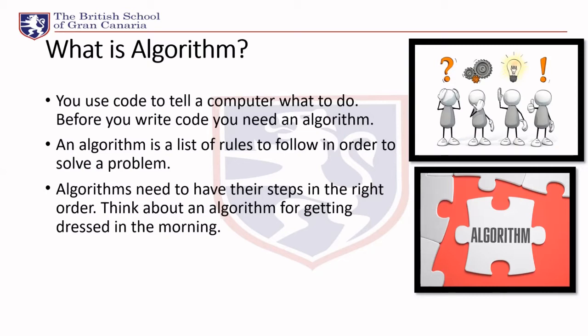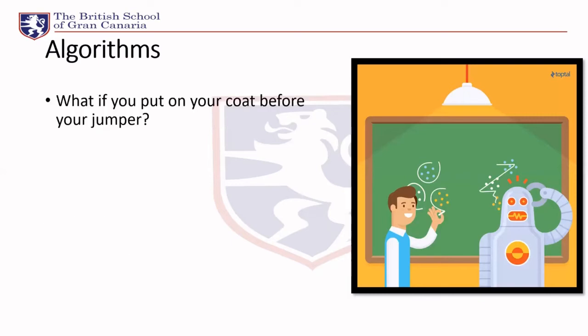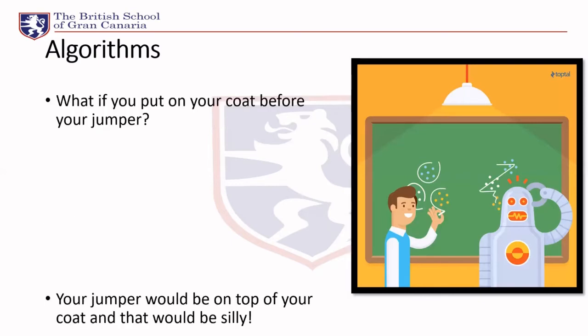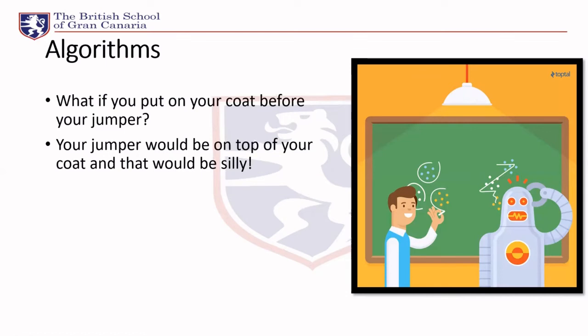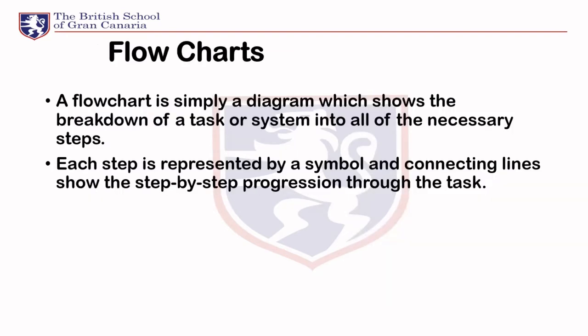When the bell goes, you go to registration. Now, imagine if you got those things mixed up. Your day's not going to go well. You won't want to come to school in your pajamas. So what happens if you put on your coat before you put on your jumper? Your jumper will be on top of your coat, and that would be silly, wouldn't it? So when you write an algorithm, the order of the instructions is very important.